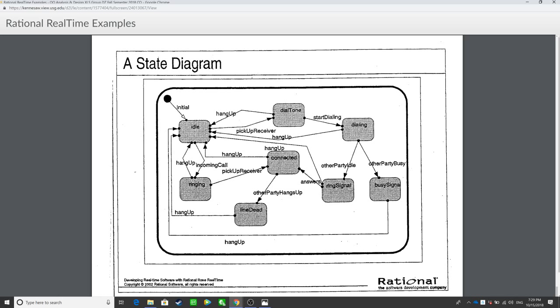Also, if you're in dialing state, like you're actually pressing the buttons, and there's an incoming call, still nothing's gonna happen. There is no connection between dial tone state and ringing state. Yes, exactly, that's because we didn't model that function. This system does not have that function.